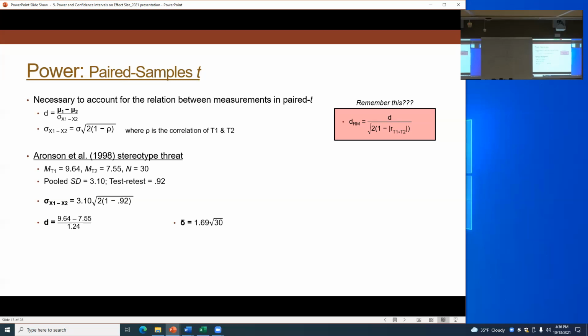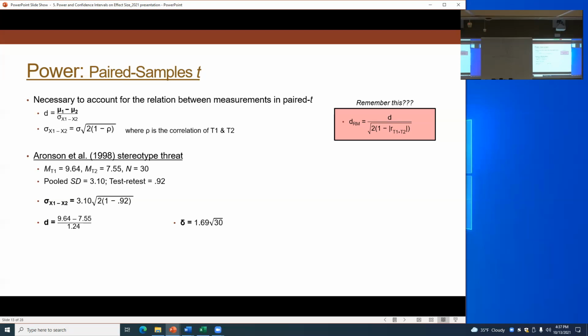So if we calculate my denominator here, I've got 3.1, my pooled estimate of my variance across my 2 time points, times 2 times 1 minus my test-retest, gives me a value of 1.24. Now if I take this divided by that, I get an effect size of 1.69. You can go through and do that to see that checks out.